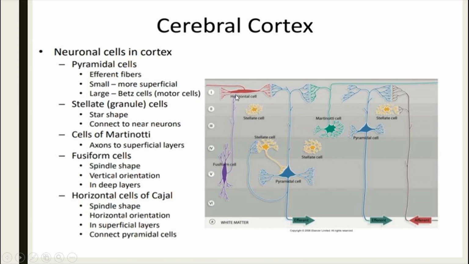Its processes, axons and dendrites, are connected towards the pyramidal cells. They do not pass towards white matter connections. So these are the different types of neurons that can be seen in the cerebral cortex: pyramidal cells, stellate cells, Martinotti cells, fusiform cells, and horizontal cells.